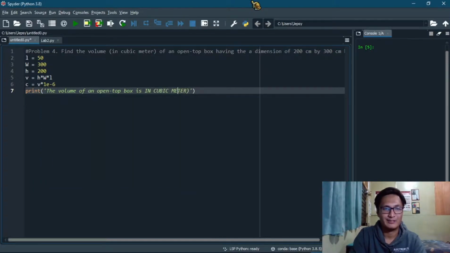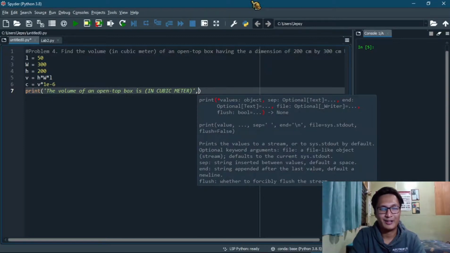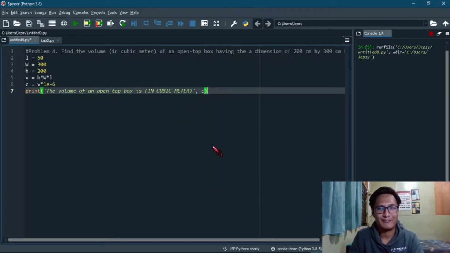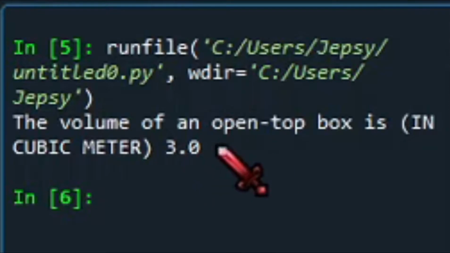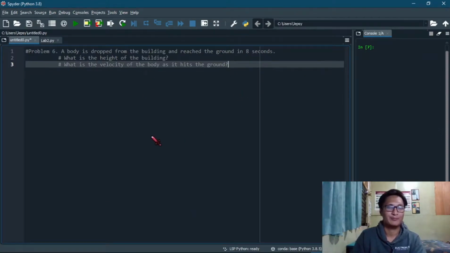Please insert this in parentheses, then put the comma and the answer in cubic meters, not the volume. So just C. Then press F5 and our answer here is 3 cubic meters. This will be our last problem for today.